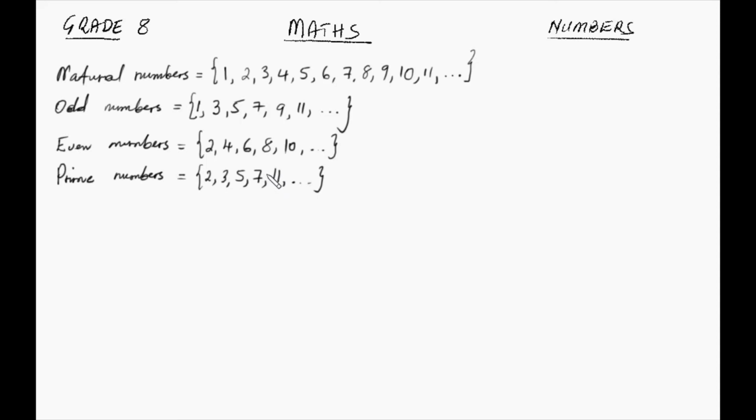So it has 3 factors, so it is not a prime number. 11 is divisible by 1 and itself. So prime numbers are numbers that are divisible by 1 and themselves only.